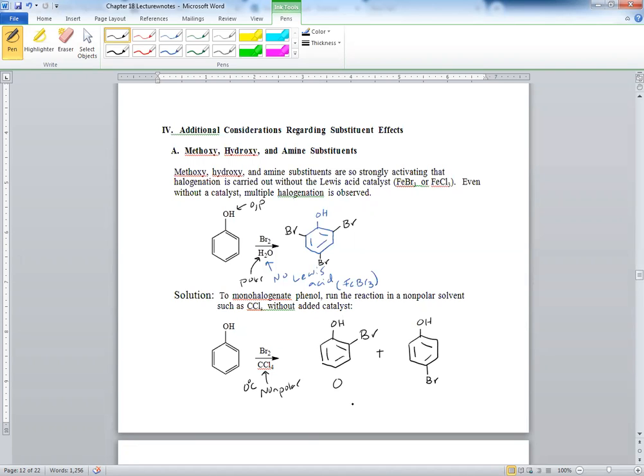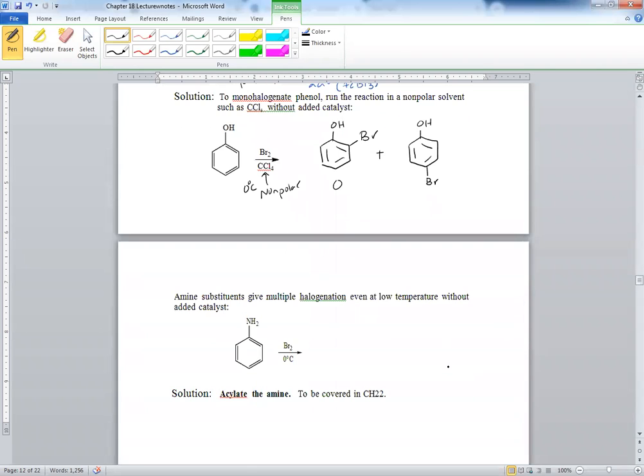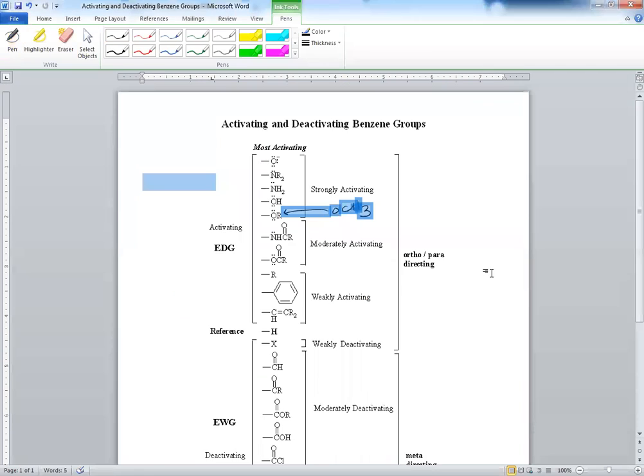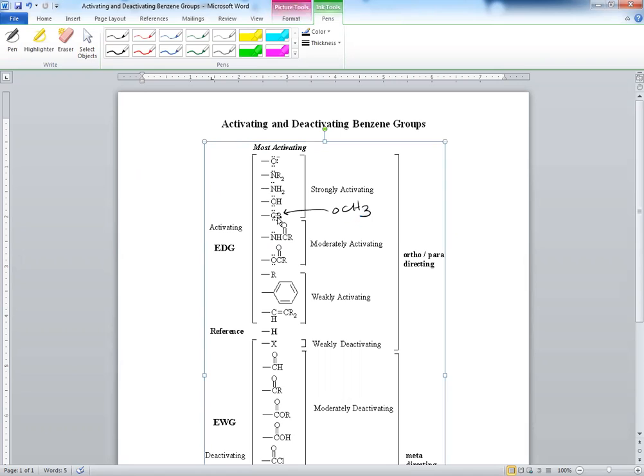Now with the amines, it's even worse. If we look here, amine is an even more strongly activating group than the OH and the OR.